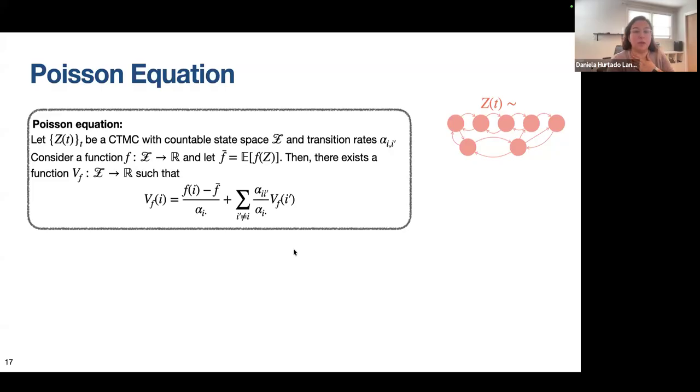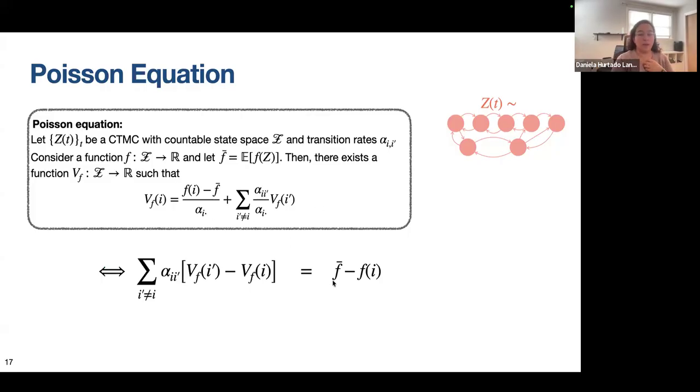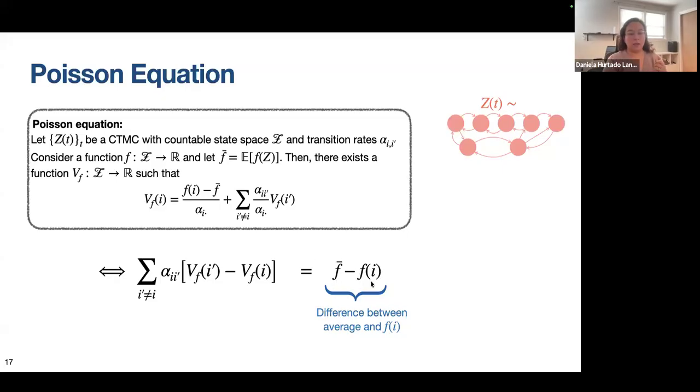Let me rewrite it in a more amenable way. On the right-hand side, I get the deviations from the mean of each state i in terms of the function f, and on the left-hand side, I have the drift of the solution. So in some sense, this Poisson equation is measuring how much each state deviates from the mean in function f. Let's keep this one in mind.